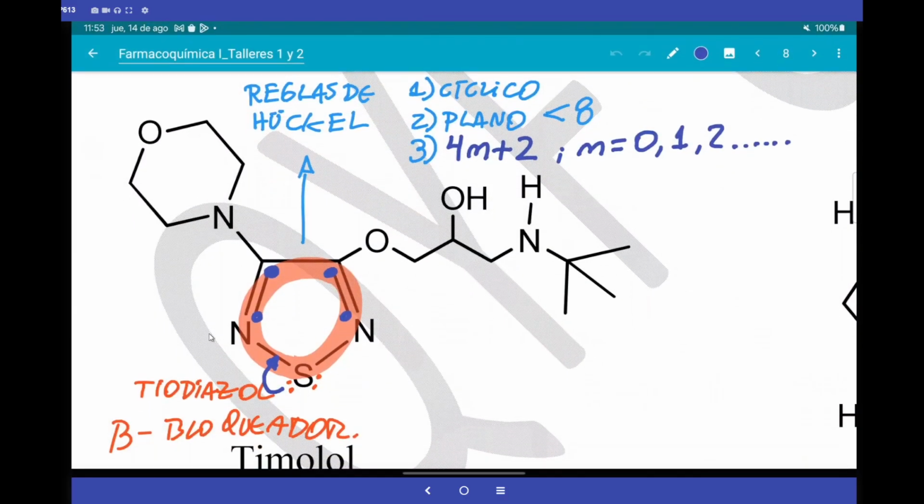We therefore have 6 electrons: 2, 4, 6, which complies with 4n plus 2. Exactly, so it is an aromatic ring, and only the sulfur incorporates a pair. If it is aromatic, it is flat, and it will have a certain resemblance to benzene in electronic properties, because benzene is aromatic too.